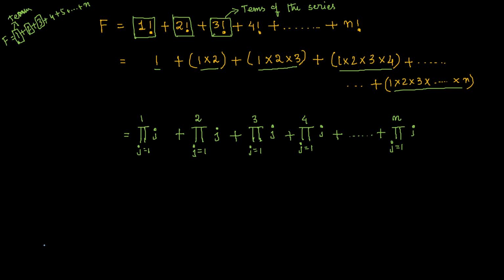Individually these are the terms representing the factorial of that term, you see. Because this is 1 factorial, this is 2 factorial, this is 3 factorial, this is 4 factorial, this is 5 factorial, right?